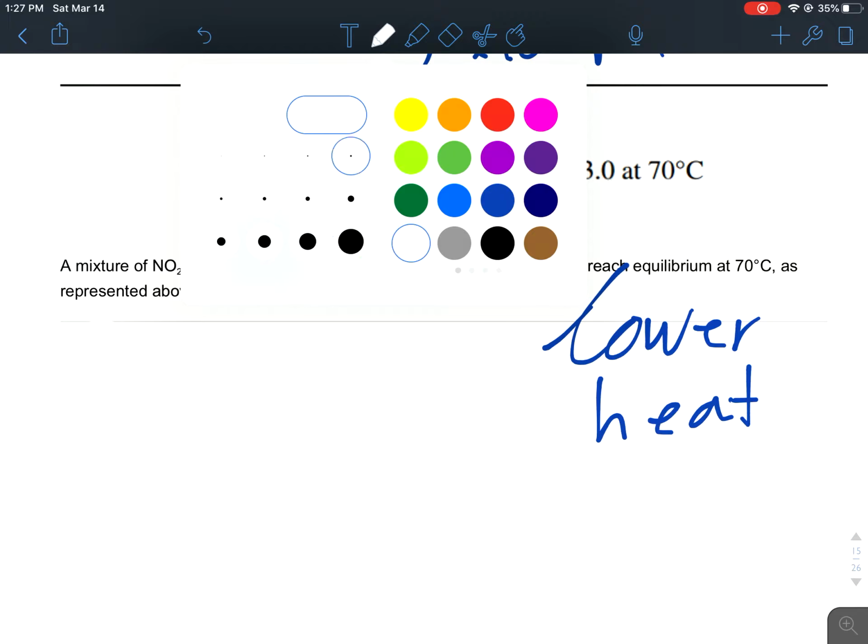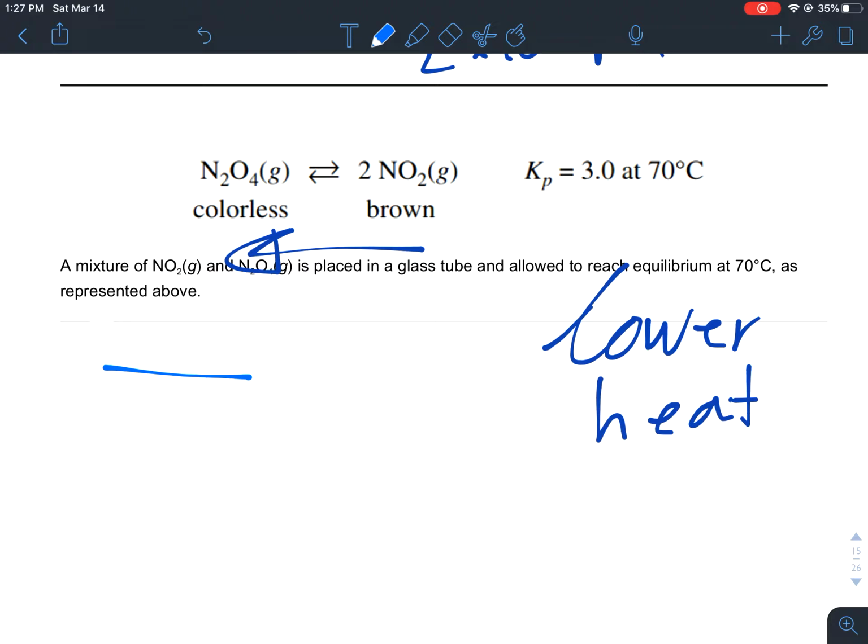So if we had an endothermic reaction and heat was a reactant, and we put it in ice, then you lower the heat. You got rid of heat by putting it in ice. Okay, so what would the reaction have to do to get back to equilibrium?